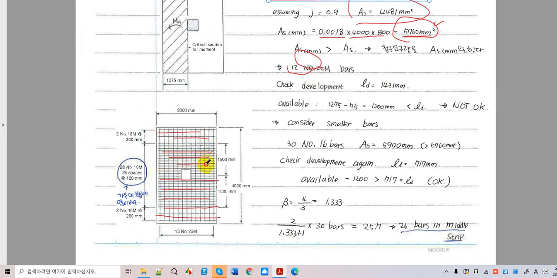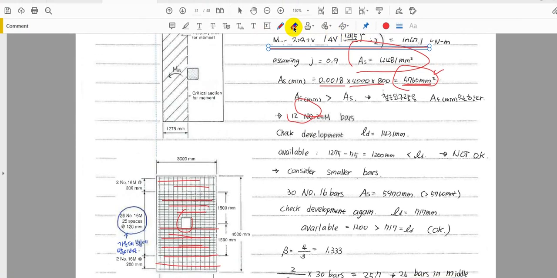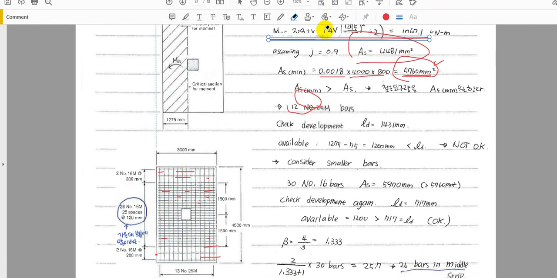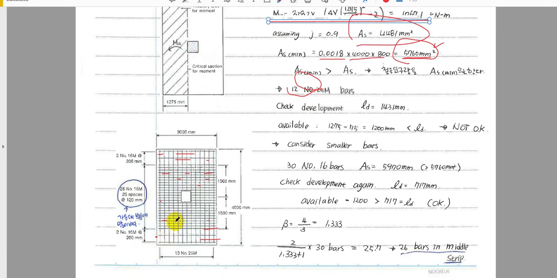But this may not be okay, because if you take a look at the column locations, the columns are right there in the middle of the foundations, and the slabs near the columns will be subjected to more severe loading than the portions which are away from the column right there.